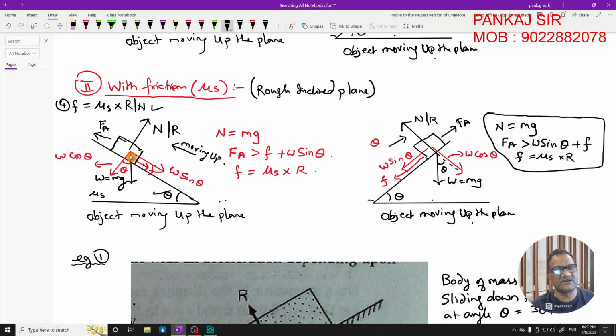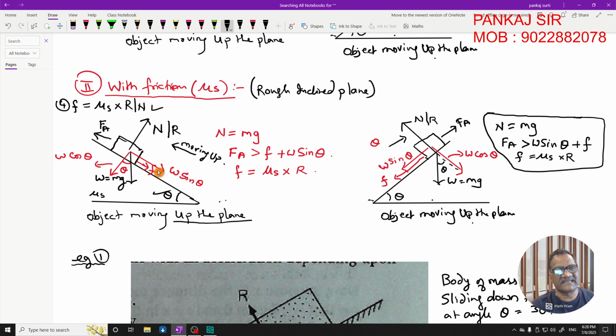This block is also going up the plane, so Fa is greater than W sine theta in this case also, because the block is moving upward. But in the downward direction, opposite to the direction of the moving object, you will always have a frictional force equal to mu s into the normal force. So you will have to consider that.